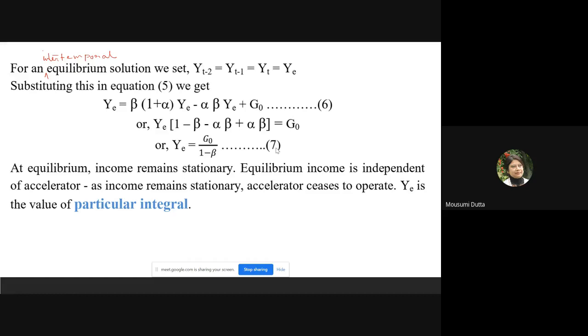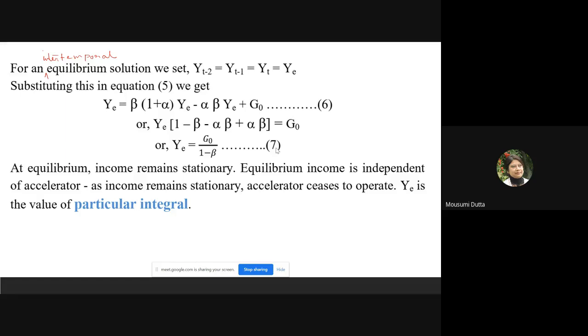Since it is a rising function, between the two periods there will be at least a minimum change in consumption. So we follow the strict inequality for beta. It lies between 0 and 1. And for that matter, this YE is a positive amount. This income is a positive amount. G0 by 1 minus beta is a positive amount. Beta is a positive fraction, so G0 by 1 minus beta is a positive amount.